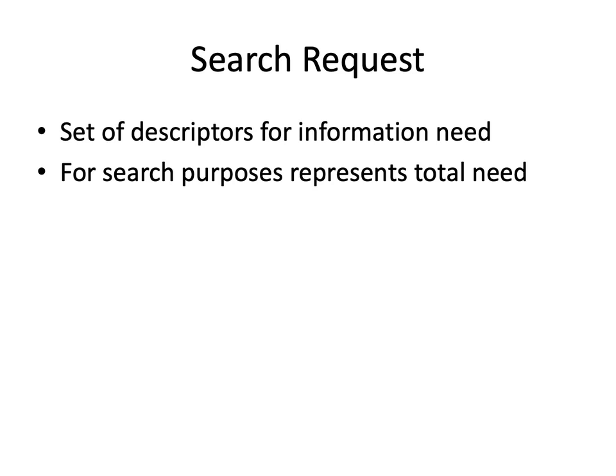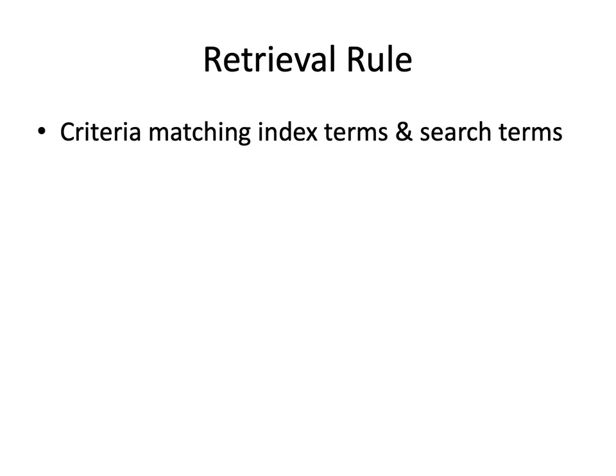So that search request, that set of descriptors of the information need, for all purposes of the system finding your document, represents your need, represents your question. So we've described the documents, we've described the questions. What next? Just how is it that we bring together the descriptions of the documents and the descriptions of the information need?